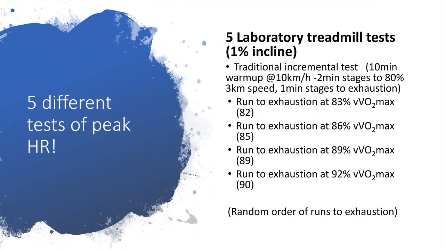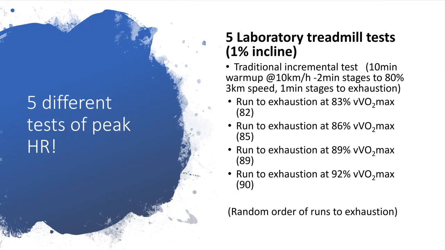So one thing they did was 5 different treadmill tests in the laboratory. The first was a traditional, what we call an incremental test, where you start with a warm-up at a steady velocity, 10 kilometers an hour, so that's below your threshold, and you're just warming up.